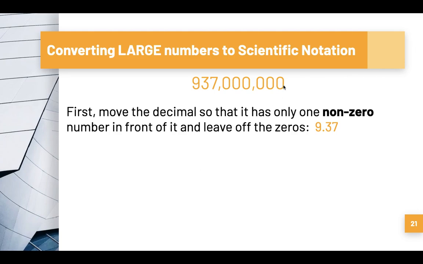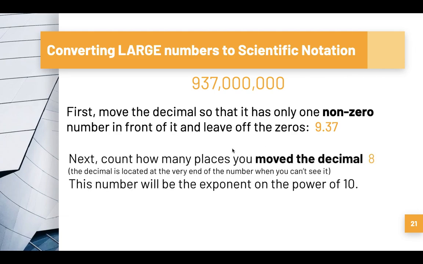We're going to start where our decimal is. We're going to move our decimal all the way until we only have one digit in front that's not a 0. So our decimal is going to go right here at 9.37. And then we're going to drop off all the zeros behind it. So now let's count how many places we moved the decimal.